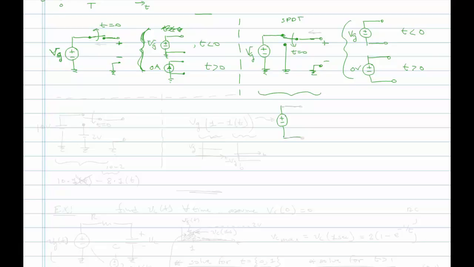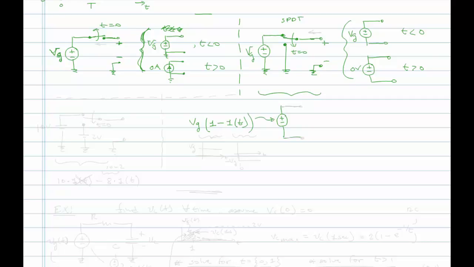So in this case, let's see, we have a voltage of VG, I should say, minus VG times a unit step. Okay? That's what this is equal to.